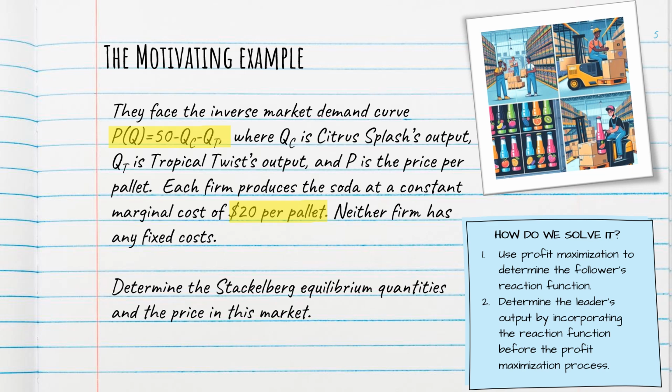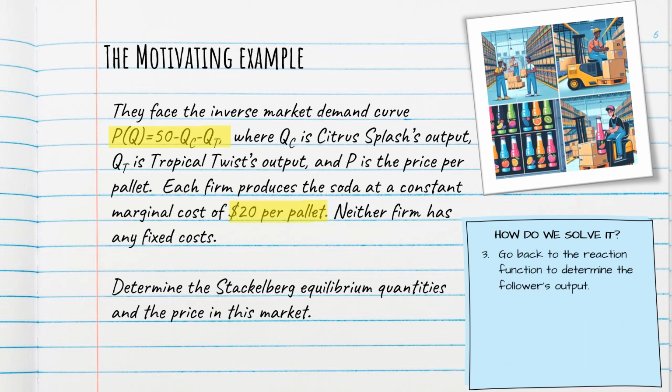We'll take the reaction function and plug it into inverse demand to find what's called the residual demand curve, and we'll use that residual demand curve to maximize the profit of the leader. Once we have the leader's output, we'll go back to the reaction function to determine the follower's output. And finally, we'll use inverse demand to find the price in the market.